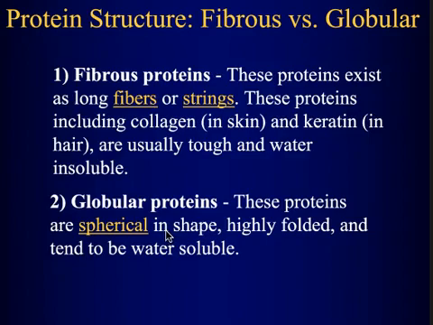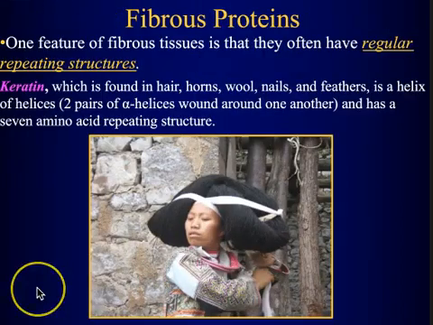So let's take a look at each one of these in turn. One feature of fibrous tissues is that they often have regular repeating structures, those spiral shapes. Keratin, which is found in hair, horns, wool, nails, and feathers, has these helix shapes.